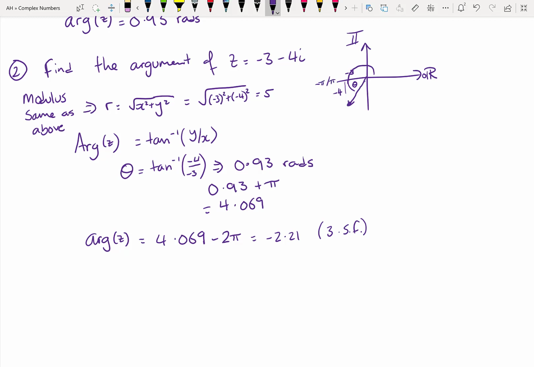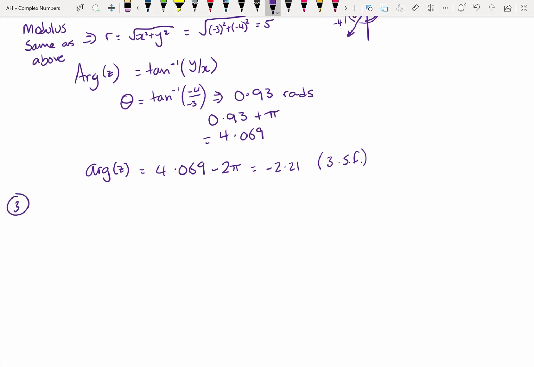So the fact that it's pointing down there shows me that it should be very close to the minus pi. Start at minus pi, I go round to 0, keep going through my positive things to pi. So that's the bit that's telling me it should be very close to this minus pi, and that's the angle we've found.